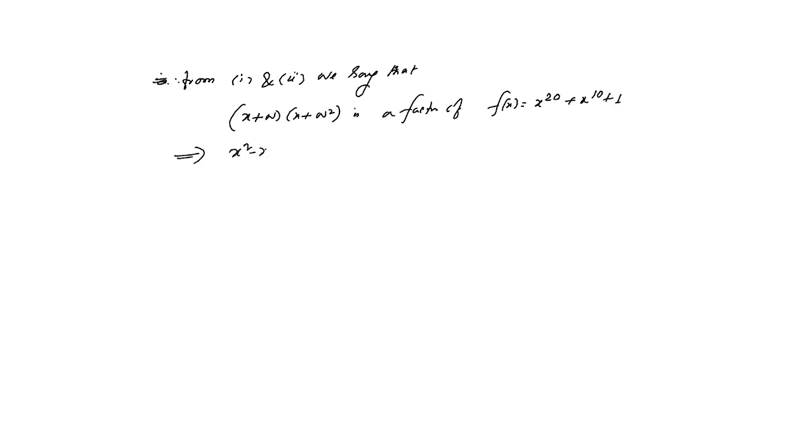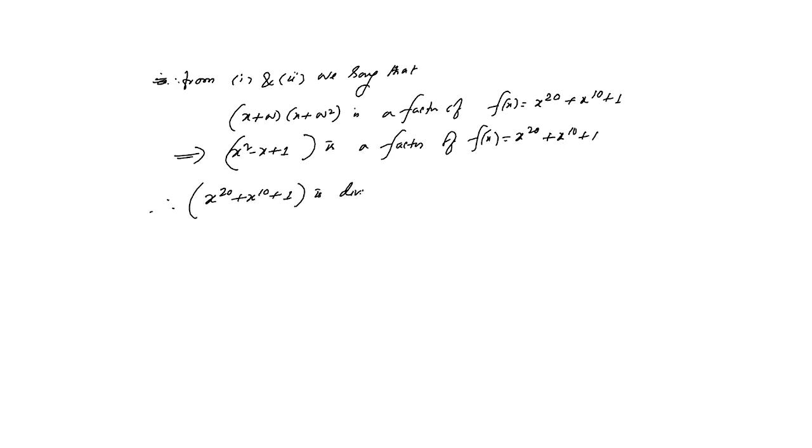So that means x square minus x plus 1 is a factor of f(x) equals x to the power 20 plus x to the power 10 plus 1. So thus we have shown that x to the power 20 plus x to the power 10 plus 1 is divisible by x square minus x plus 1. So we get the answer.